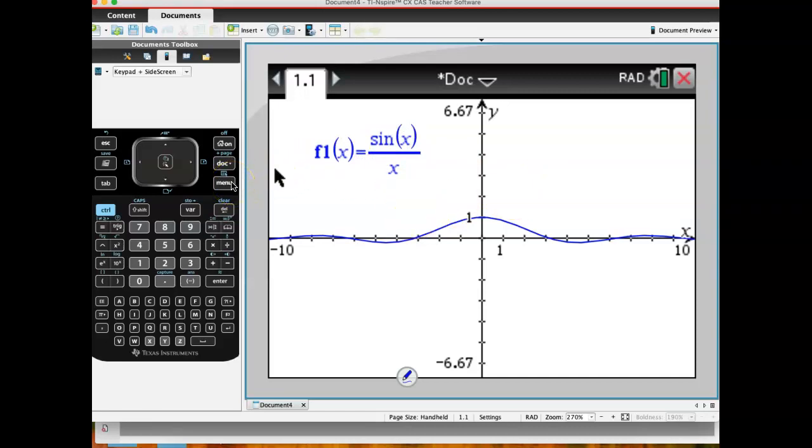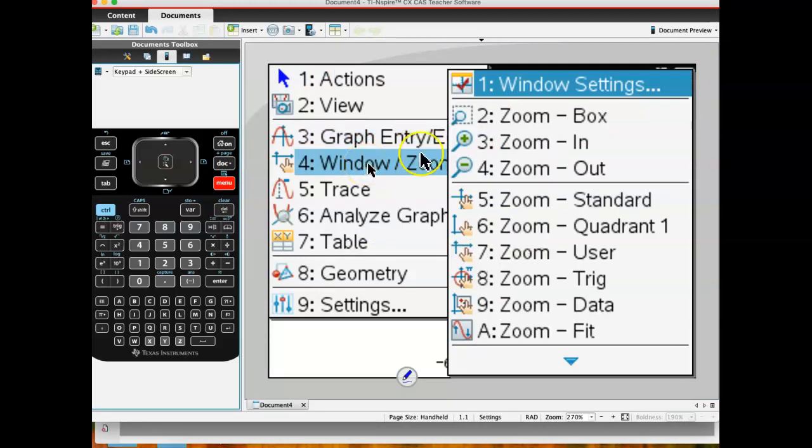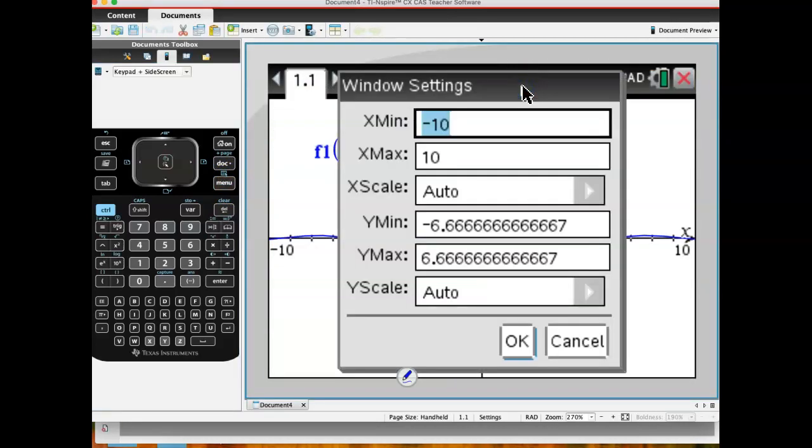So I'm going to change my window settings. Because we're talking trig, remember pi and 2 pi, I'm going to go from negative 20 to 20.